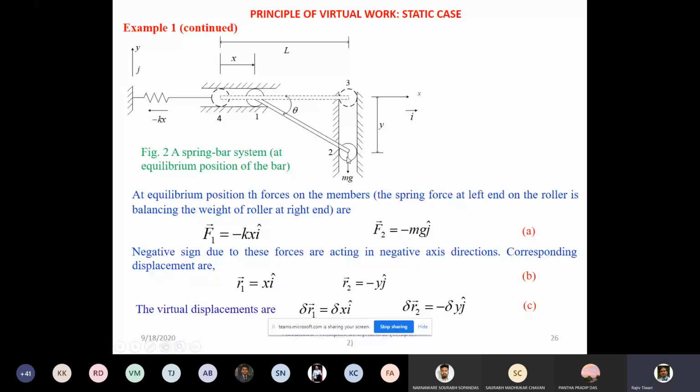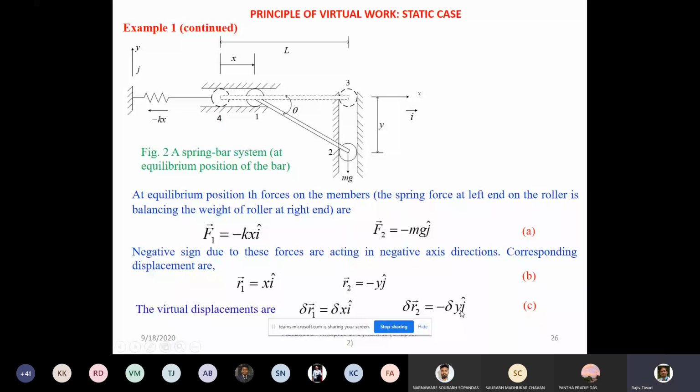Now if we take the variation of this, the variation of the generalized coordinate will be delta x. If we take the variation of R2, then the variation of this will be delta y. The variation of the unit vector will not be there, only that of y will be there. So now we have the virtual displacement at the left end, the virtual displacement at the right end, and these are the forces.